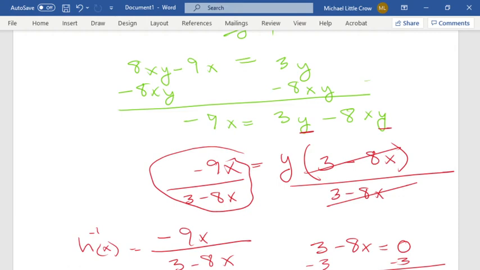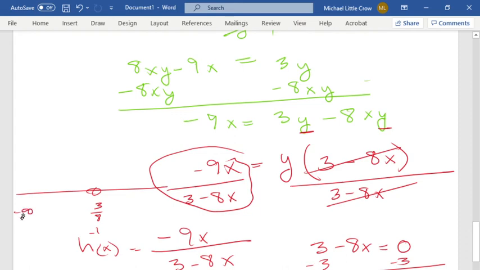Divide by negative 8. So x equals 3/8. That's what we have to exclude from the domain. So everything except 3/8.